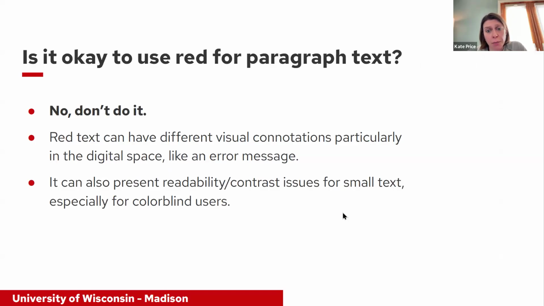Is it okay to use red for paragraph text? Don't do it. Red text can have different visual connotations, particularly in the digital space, like an error message. And it can also present readability and contrast issues for small text, especially for colorblind users.